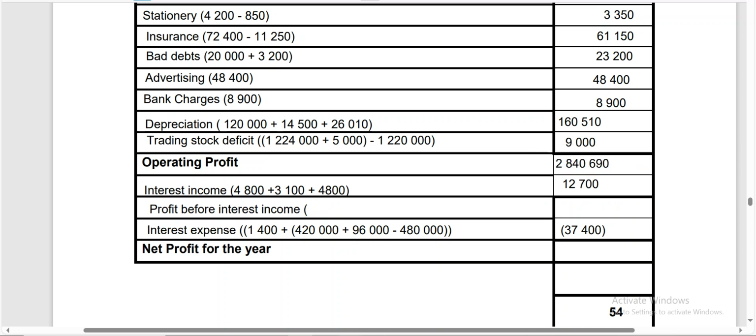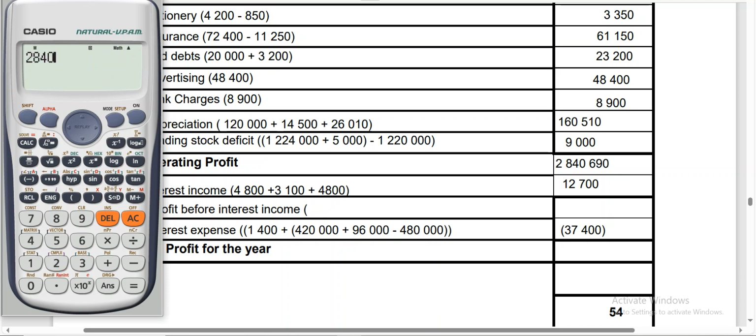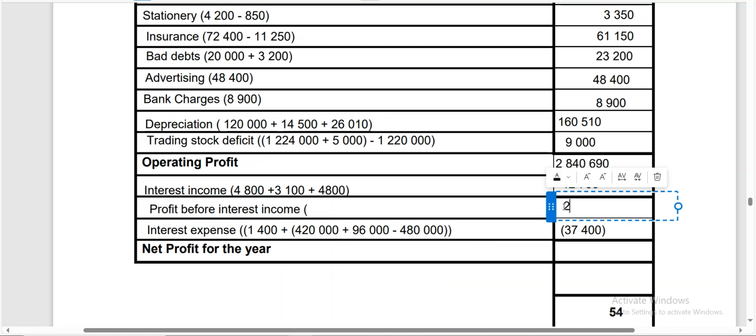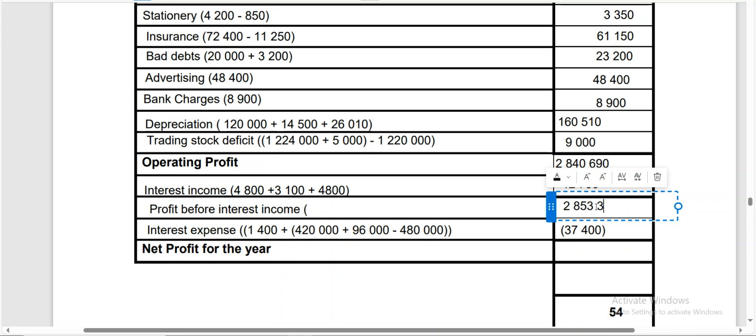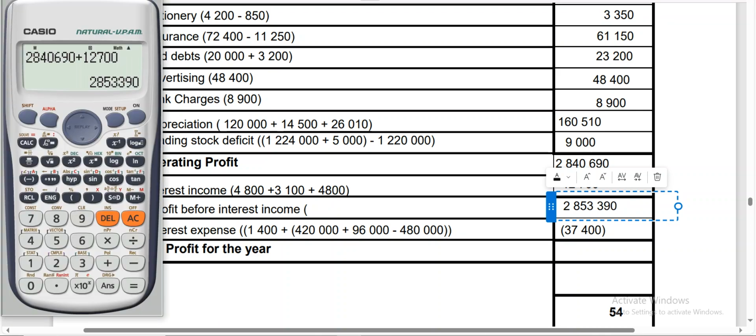If we say 2,840,690 plus 12,700, it is going to give us 2,853,390.